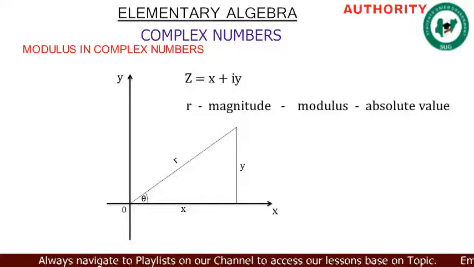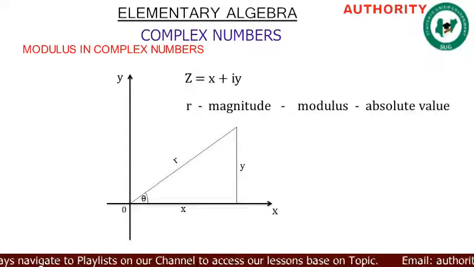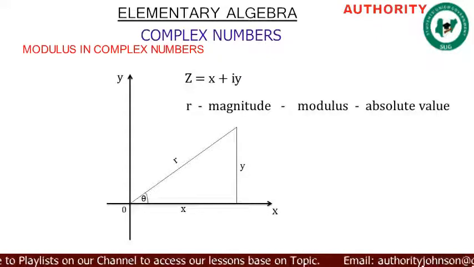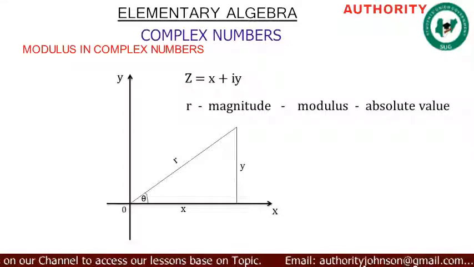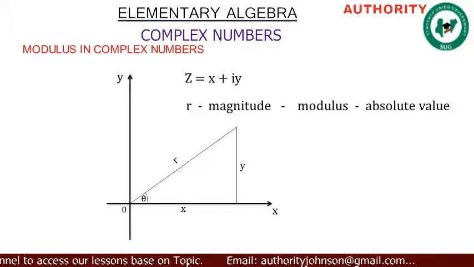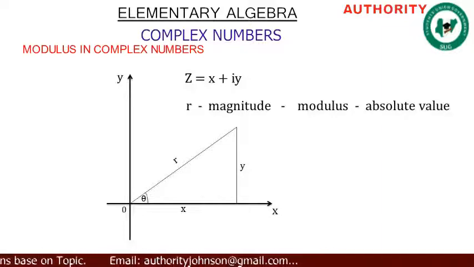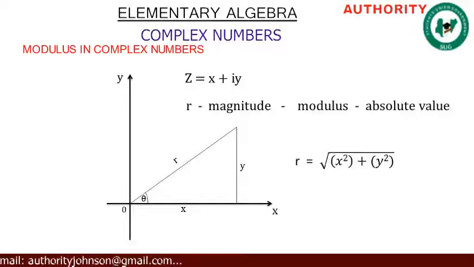Okay, good. Now, how can we find the magnitude? In Pythagoras theorem, r will simply give us the square root of x squared plus y squared.